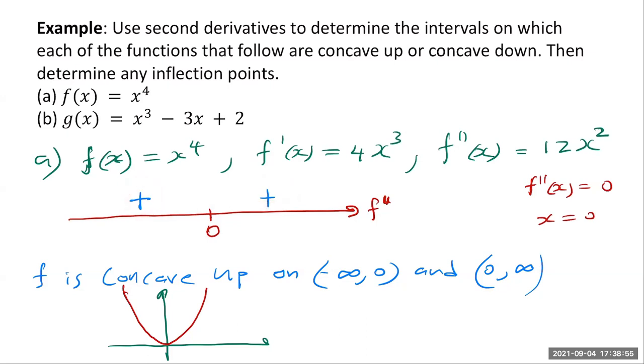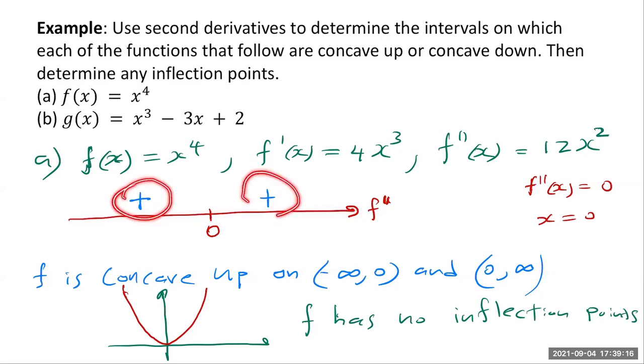That means this function has no inflection points. F has no inflection points, because if you look at the sign chart for f double prime, you don't find any point where f double prime changes the sign. So no inflection point.